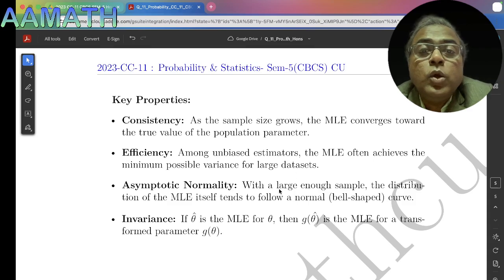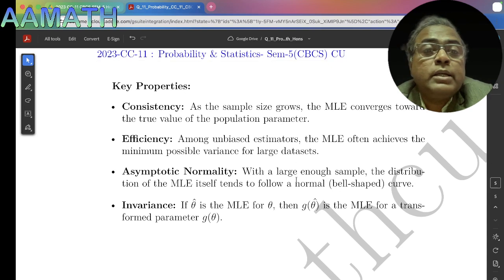Asymptotic normality: with a large enough sample, the distribution of the MLE itself tends to follow a normal bell-shaped curve. And invariance: if θ hat is the MLE for θ, where θ is the population parameter, then g(θ hat) is the MLE for the transformed parameter g(θ).